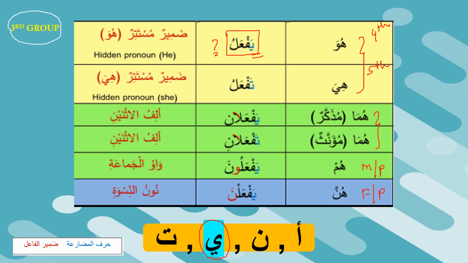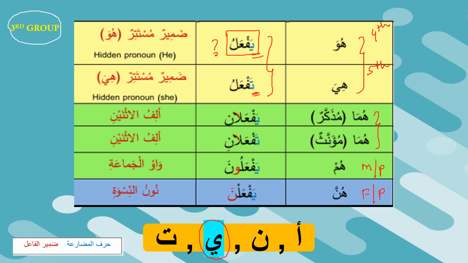Similarly, in the hiya, what letter is representing the ghaib here? The ta letter is representing the ghaib group here. And why has the ta come? Because if ya had been used here, then these both would have looked similar.